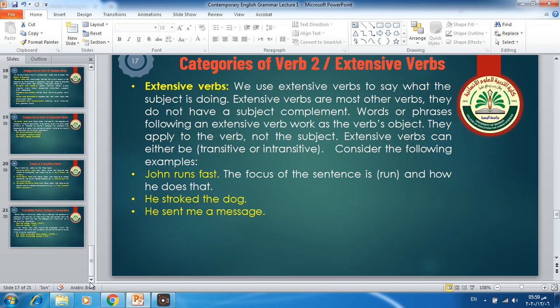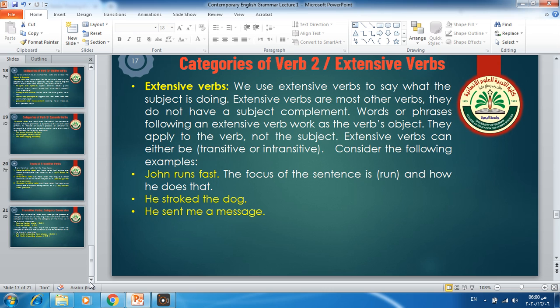They do not have a subject complement. Words or phrases following an extensive verb work as the verb's object. So instead of subject complements, they have objects. They apply to the verb, not to the subject.